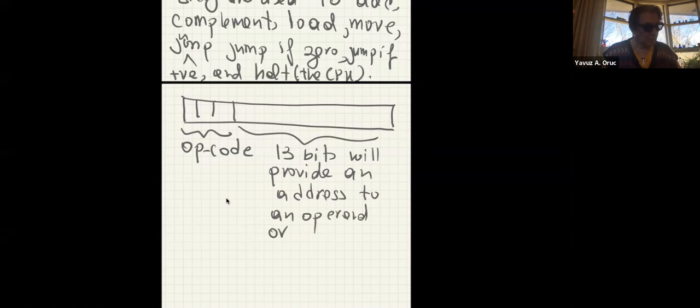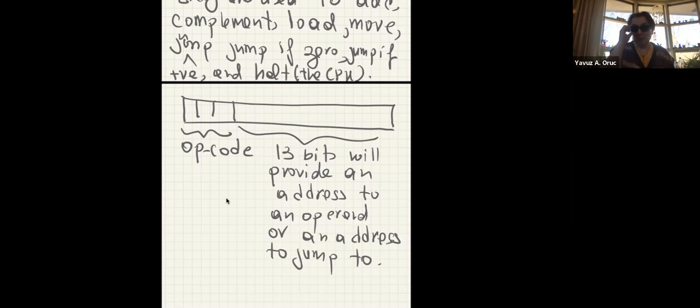Or an address to jump to. We want to jump to a location. So 13 bits of information there.